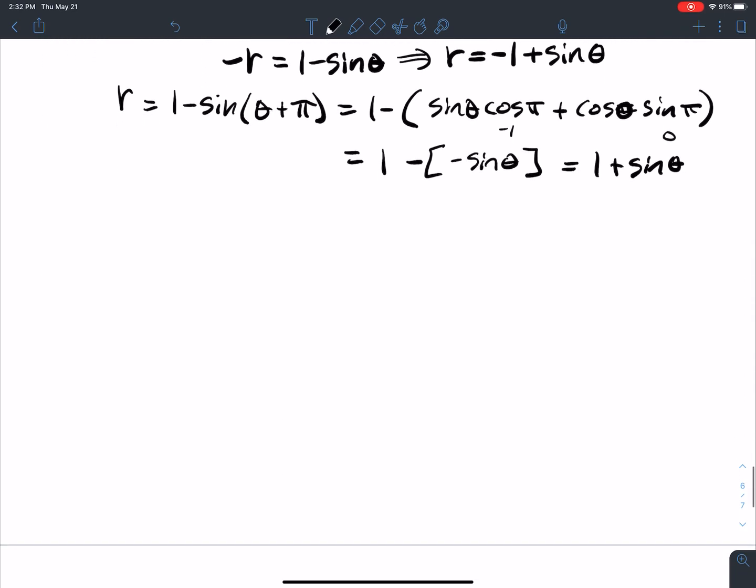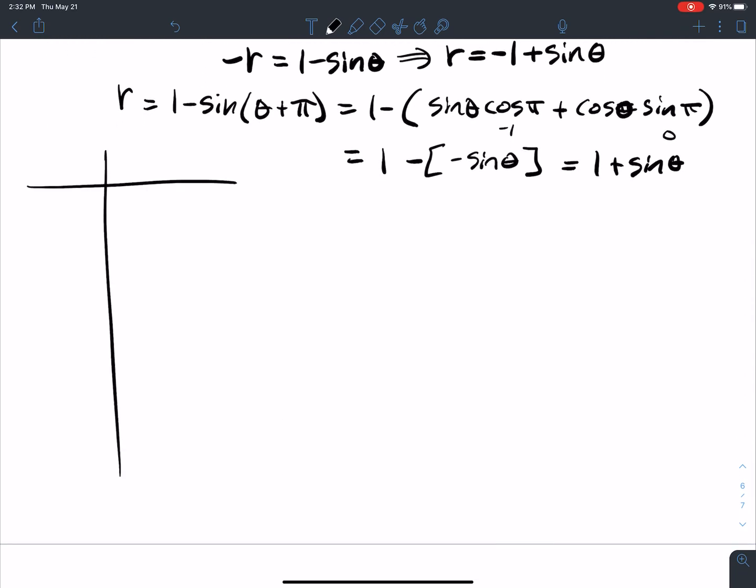Now what I'm going to do is make a table and plot some points. I've got my table with theta, and r equals 1 minus sine of theta. If I plug in 0 for theta, I'm starting on my polar axis.